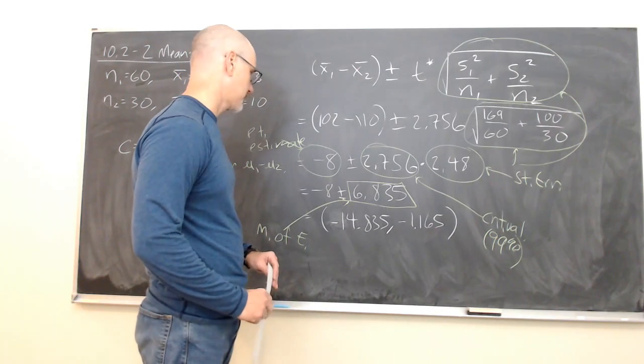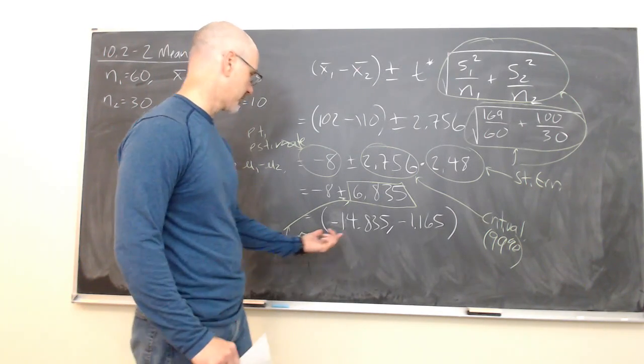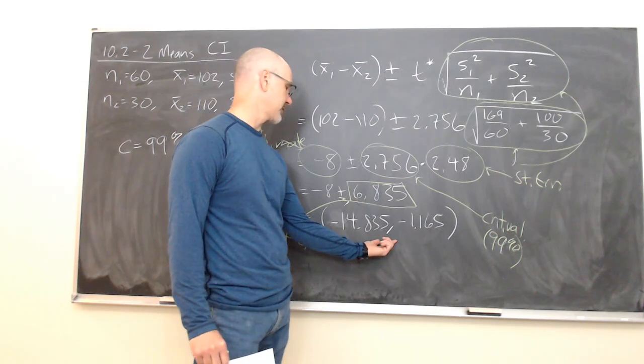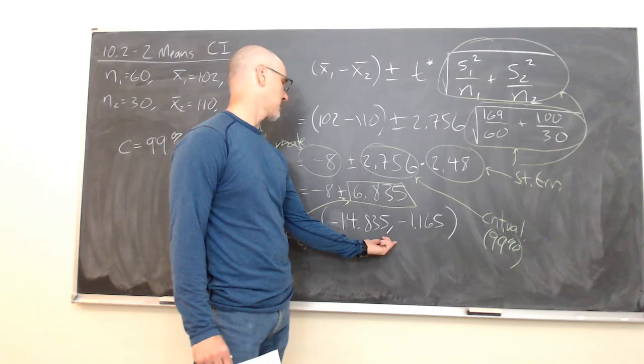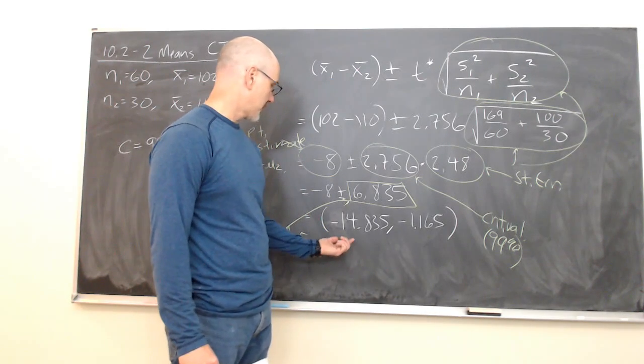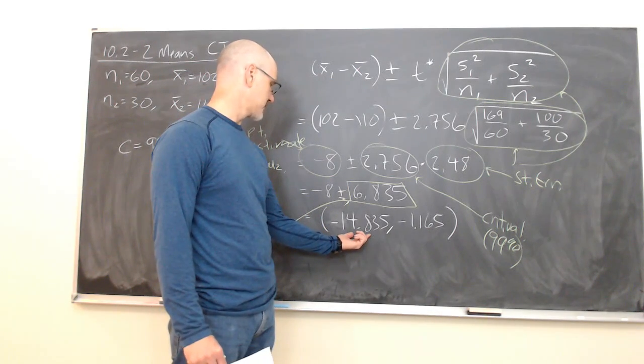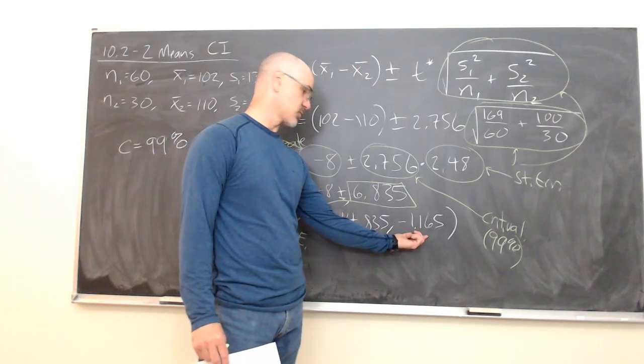And then, after doing all the calculating, we arrive finally at the actual confidence interval, which I haven't rounded to one decimal place, but is roughly minus 15 to minus 1.